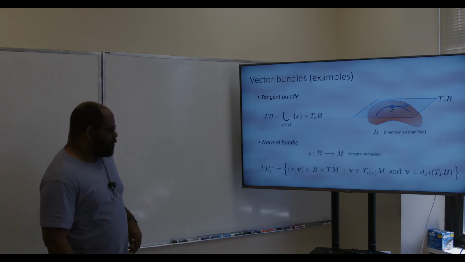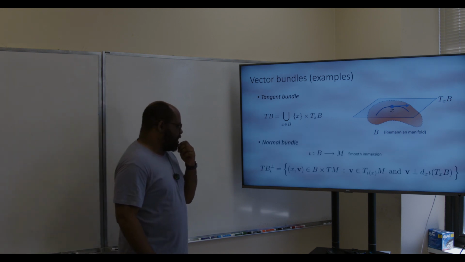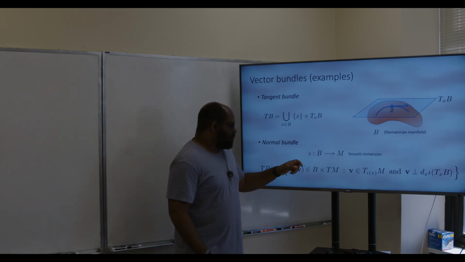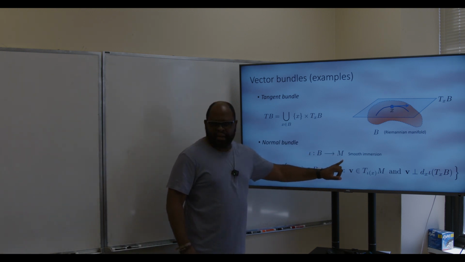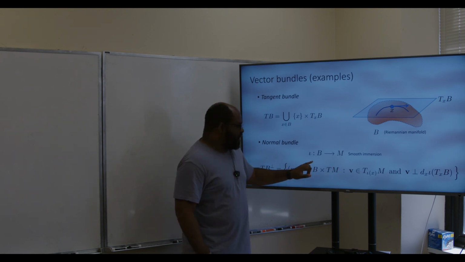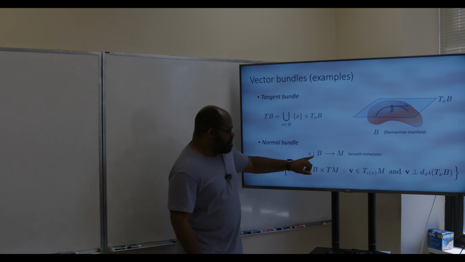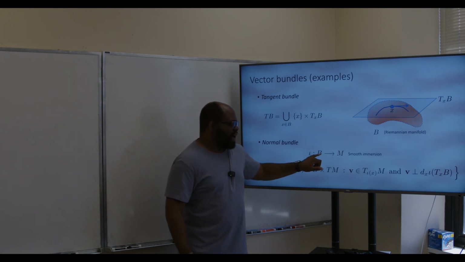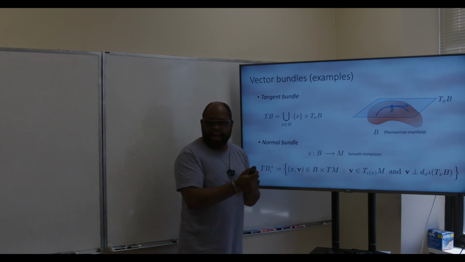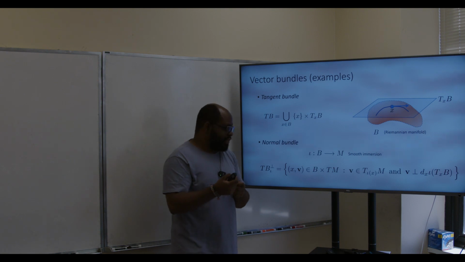Another example that is going to be super useful later is the normal bundle to a smooth immersion. So suppose that B and M are Riemannian manifolds, and that iota is a smooth immersion. What I mean by that is that the differential of iota is injective at every point of B, so it's full rank at every point.